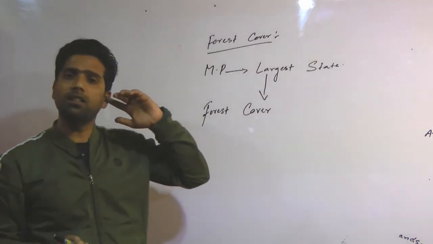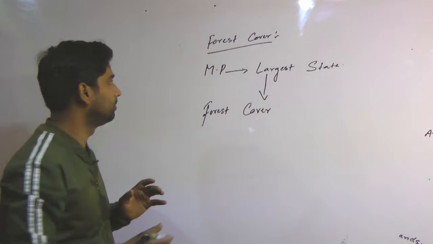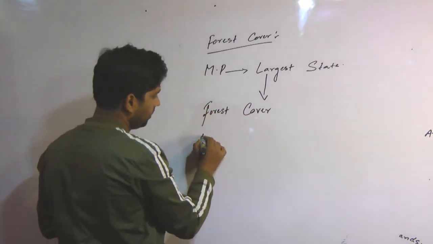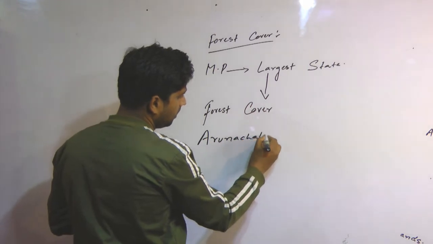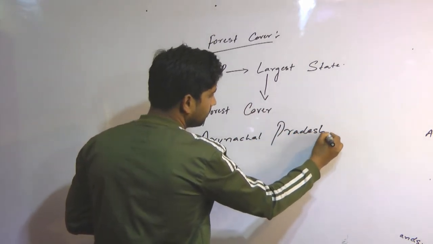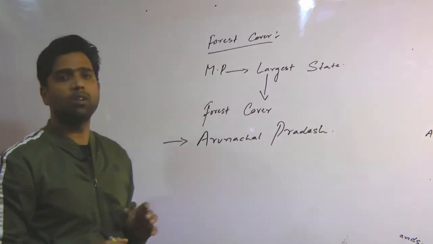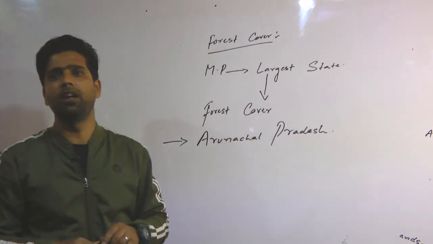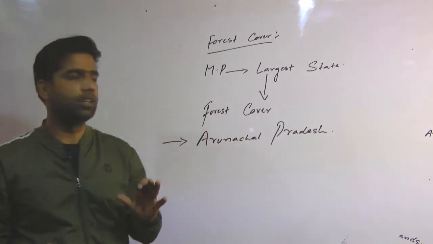This state has the largest land under forest cover in India, followed by Arunachal Pradesh. Arunachal Pradesh also has the largest area under forest cover after Madhya Pradesh in India.